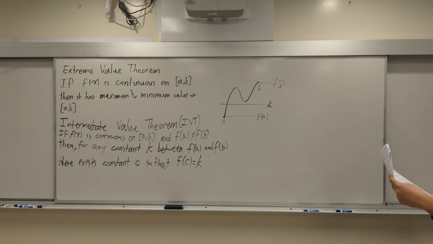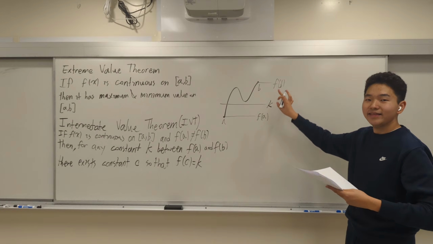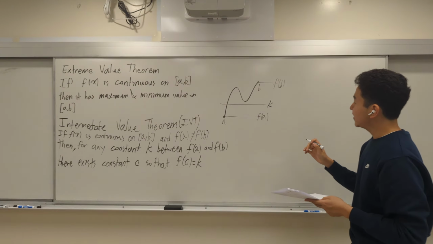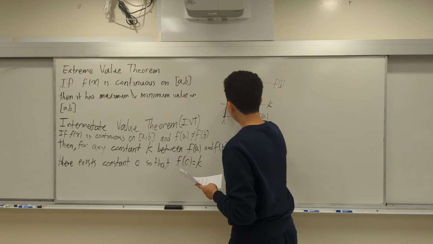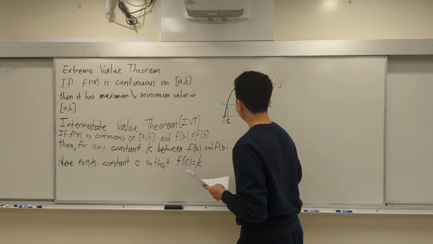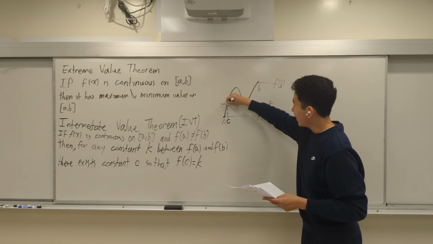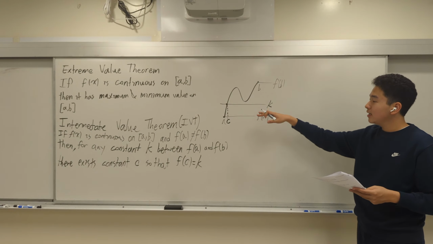In the intermediate value theorem, k is kind of like the intermediate value here. It guarantees that there must be a constant c so that the function value of c is equal to k, i.e. the function actually intersects with this intermediate line at least once.